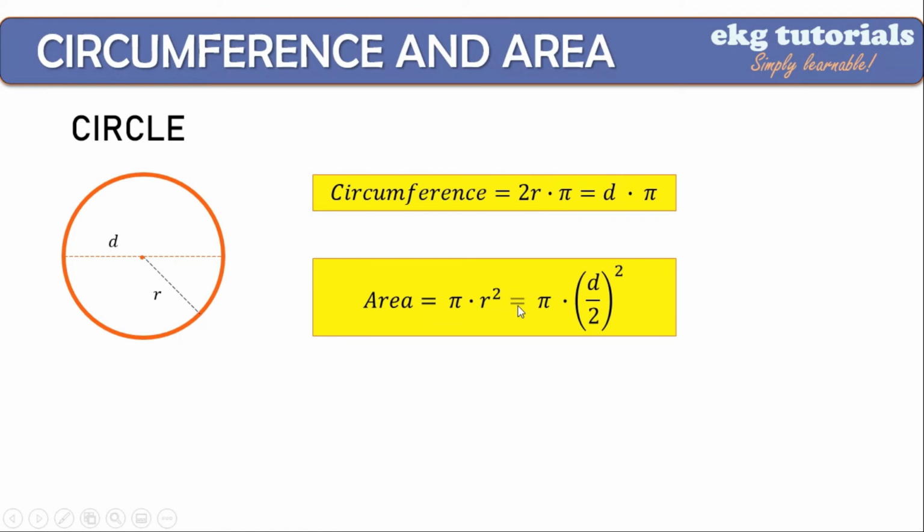Kaya naman dito, instead na r squared, pwede mong palitan d divided by 2 squared, meaning half ng diameter, which is still equal to the radius. So this is the formula for the area of a circle.